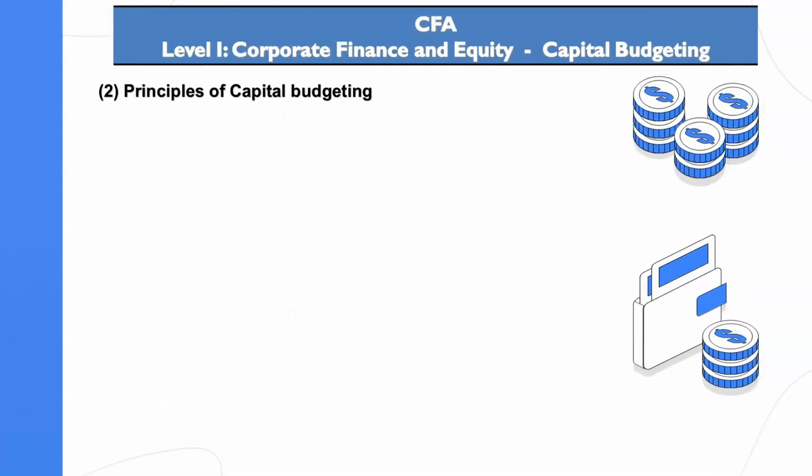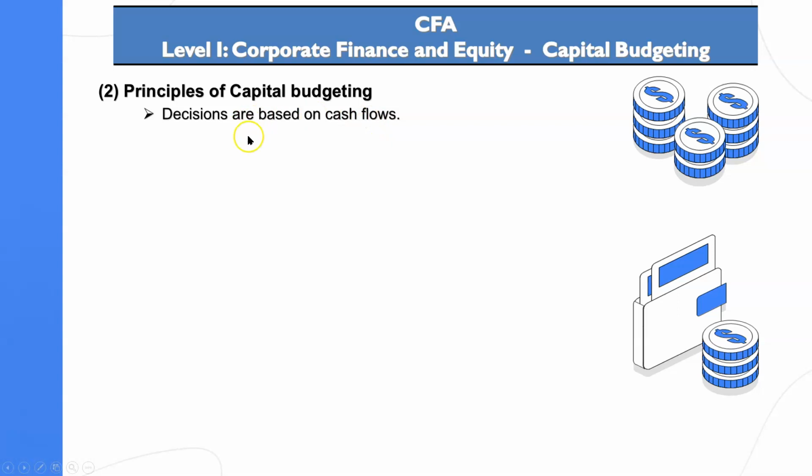The second topic is the principle of capital budgeting. What we mean by principle is the rules or regulations or the theories that govern the process of evaluating the project. The first one: decisions are always based on cash flows. It is not based on accounting profit, because of many reasons.